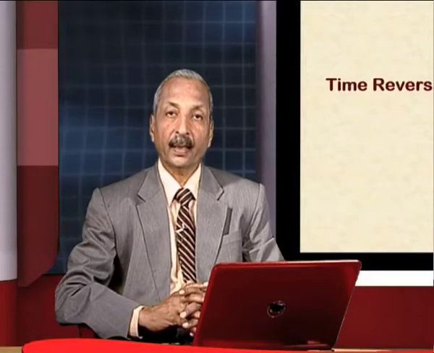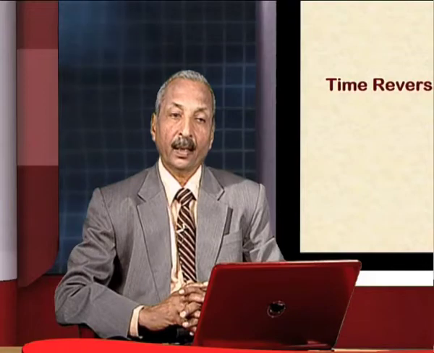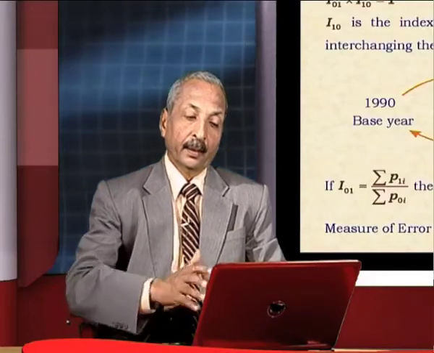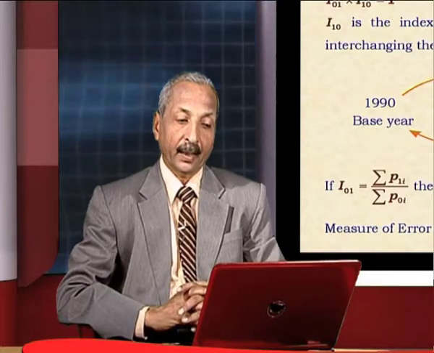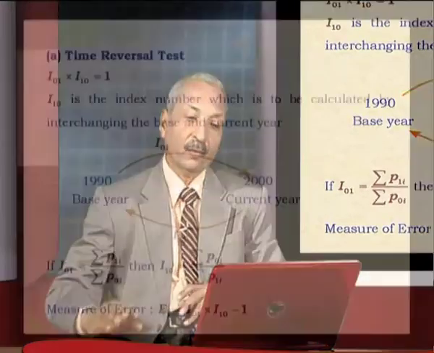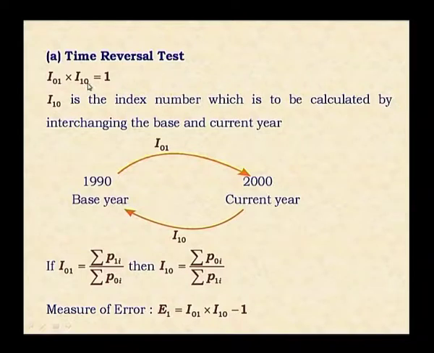Now, first we shall discuss what we mean by a time reversal test. The time reversal test is given by this formula: I01 times I10 must be equal to 1.